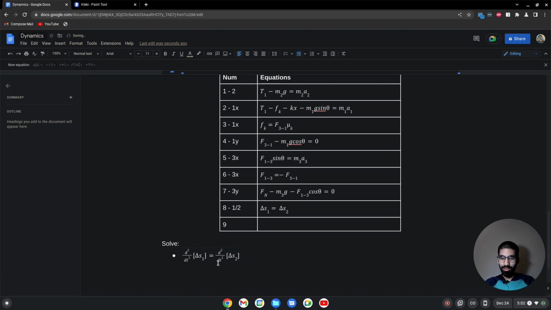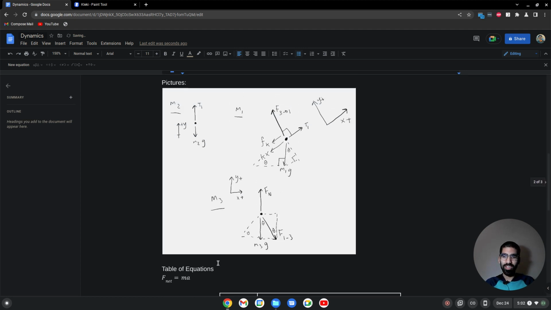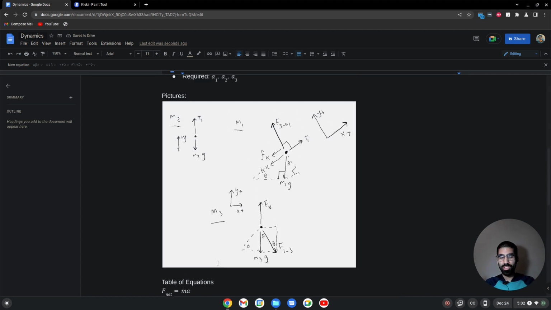If this just looks like weird fancy math jargon that landed from some alien planet, just remember that we're just saying that whenever box 2 is moving, box 1 is moving.